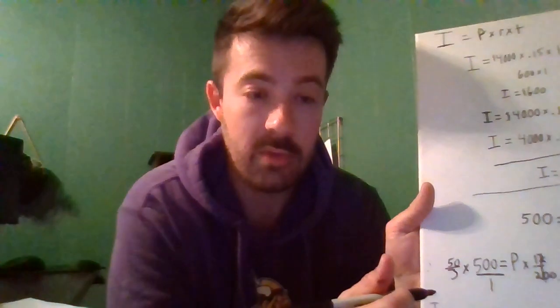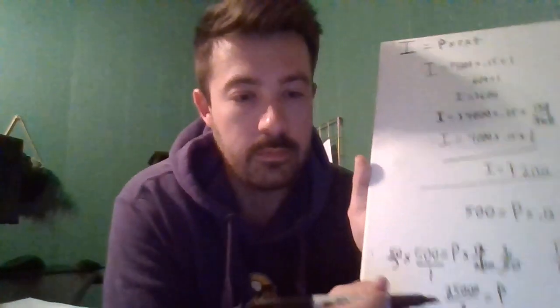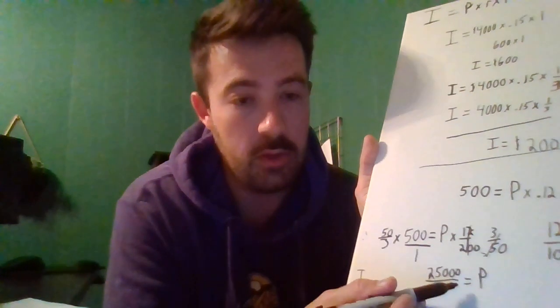Now we multiply these two together, which will leave us 25,000 over 3. So now we have 25,000 over 3 equals our principal. So we'll just divide 25,000 by 3, and that will take us out to $8,333.33 repeated.